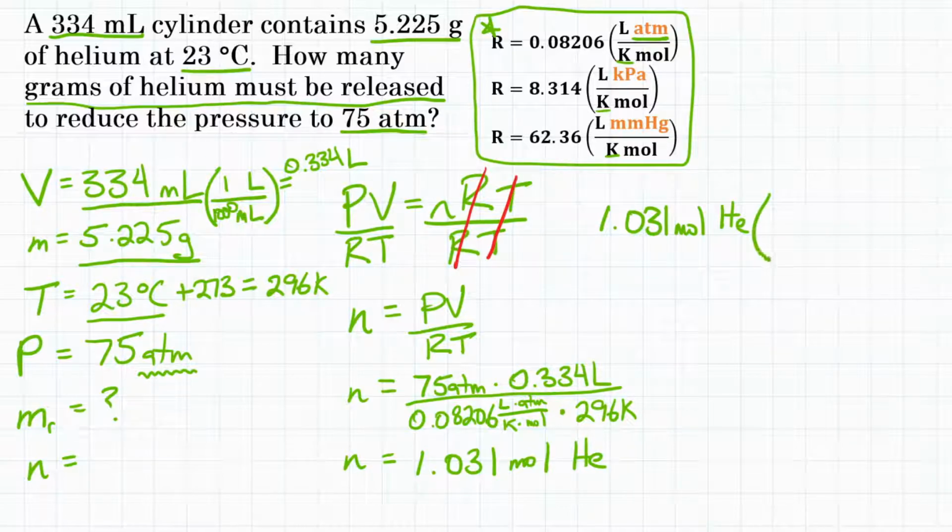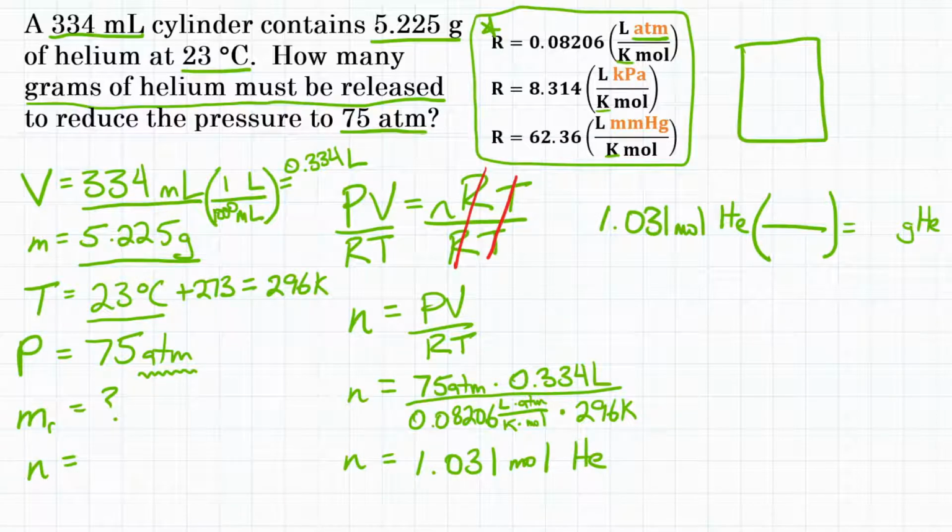So we have to multiply by the molar mass of helium to get grams of helium. So what's the molar mass of helium? Well, if you look on your periodic table, you'll see something that looks like this for element number 2. Helium has a molar mass of 4.00 grams per mole.